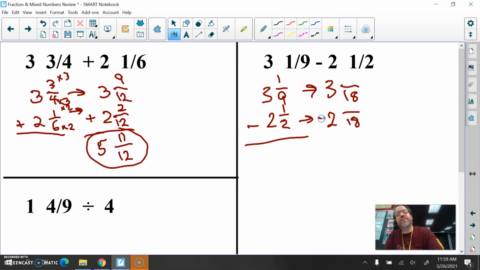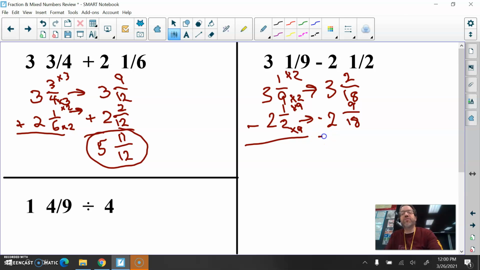And we are subtracting. Okay, so 1/9 becomes 2/18. Why? Because 9 times 2 is 18, and then up here, 1 times 2 is 2. And then 1/2, 2 times 9 is 18, 1 times 9 is 9.